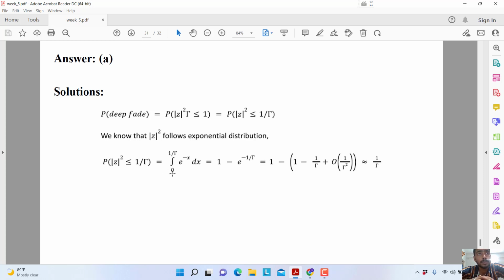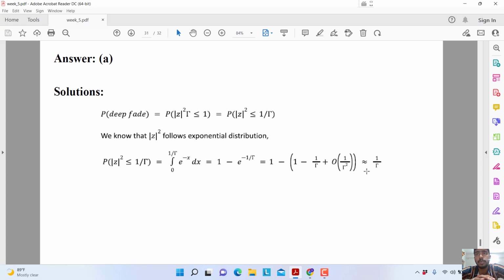So let's integrate from 0 to 1 upon gamma, with the distribution e power minus x into dx. By simply applying the integration, we get 1 minus e power minus 1 upon gamma. We can expand that, so it will be 1 minus 1 plus 1 upon gamma, plus higher order terms, and since gamma is very high, those will be very low.